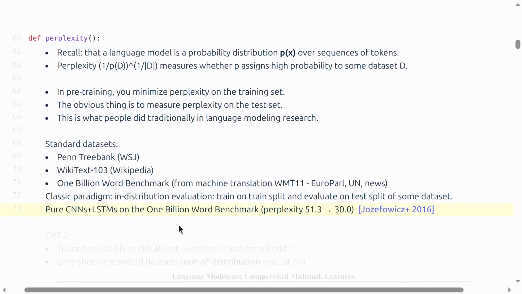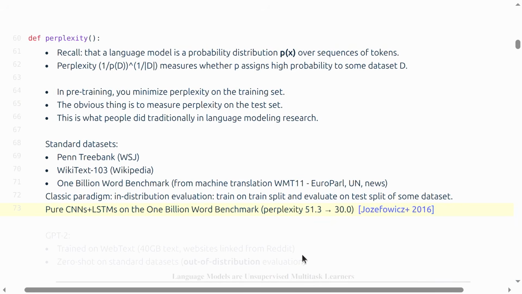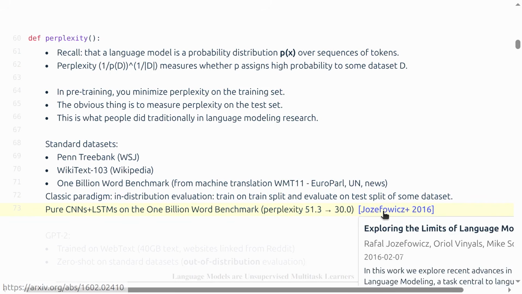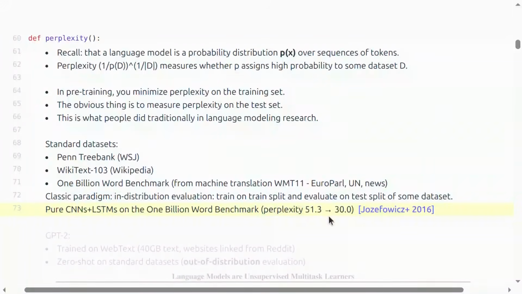So for example, there's this famous paper from 2016, which showed that you could apply CNNs and LSTMs to this 1 billion word benchmark and get a huge perplexity reduction. And bear in mind, around that time, people were still talking about n-gram models and maybe hybrid models. And this was the first definitive result that showed pure neural is clearly the way to go. Okay, so life was very simple back then. You train on a train split, you test on a test split for perplexity.